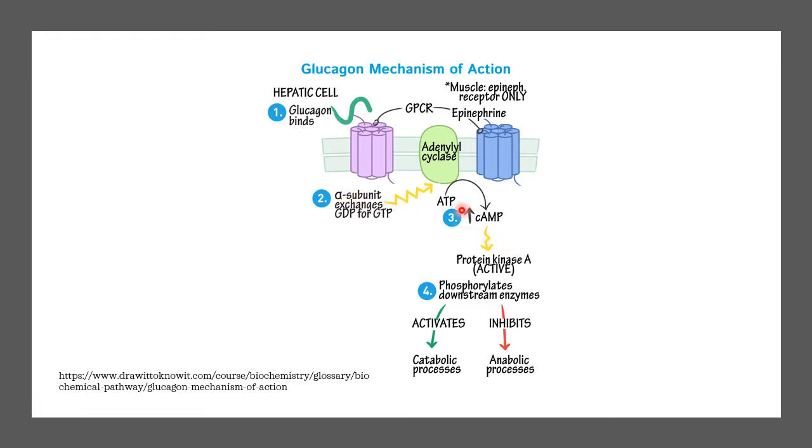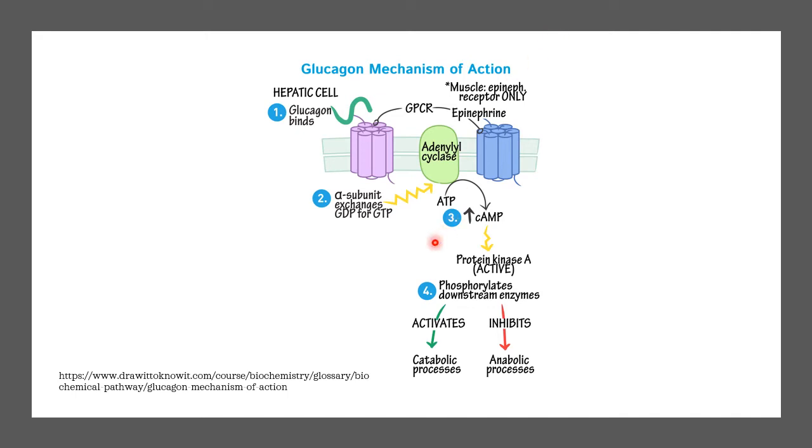After that, the alpha subunit will activate adenylyl cyclase, and the adenylyl cyclase will then activate another protein known as protein kinase A, or PKA.